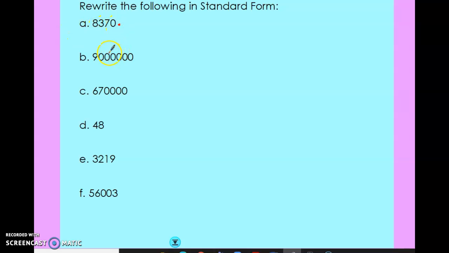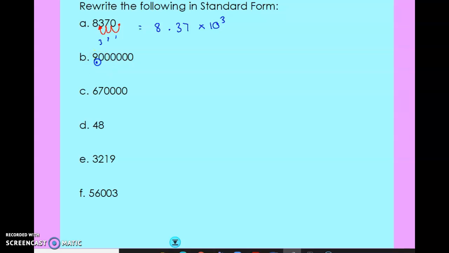Every number has an invisible decimal point. I want my decimal point to end up between the 8 and the 3, because I only want one number at the beginning, so my starting number is between 1 and 10. So move back 1, 2, 3. My decimal point goes in there, and I've moved it 1, 2, 3 spaces. So I get 8.37 times 10 to the power of 3. No need to put the 0 on at the end.